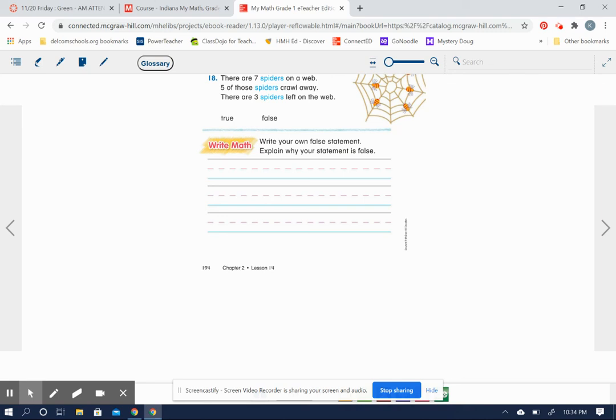So in other words, that would be like, let's see, 7 minus 5 equals 3. Is that correct? No, I don't think so, because I know that 3 plus 5 equals 8, not 7. So that is false.